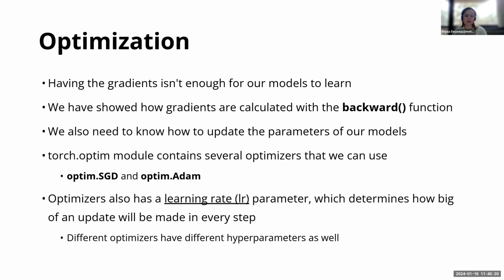So PyTorch also has a module, torch.optim, which contains several optimizers. We have used SGD or Adam, which is one of the most popular optimizers. And they also have a learning rate parameter, which determines how big of an update will be made in every step.